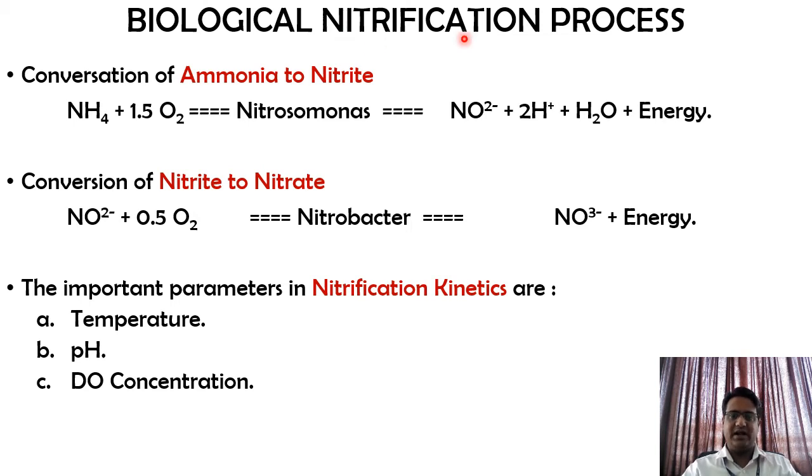Nitrification is a process where ammonia is converted to nitrate, with nitrite as an intermediate step. Similarly, the denitrification process is the conversion of nitrate into nitrogen gas, so that the nitrogen gas can escape out of the liquid media.